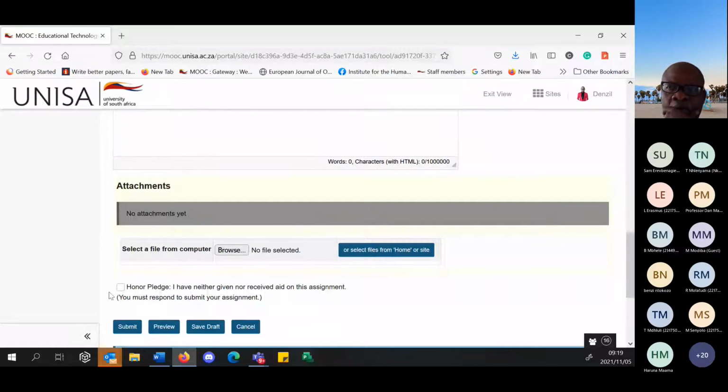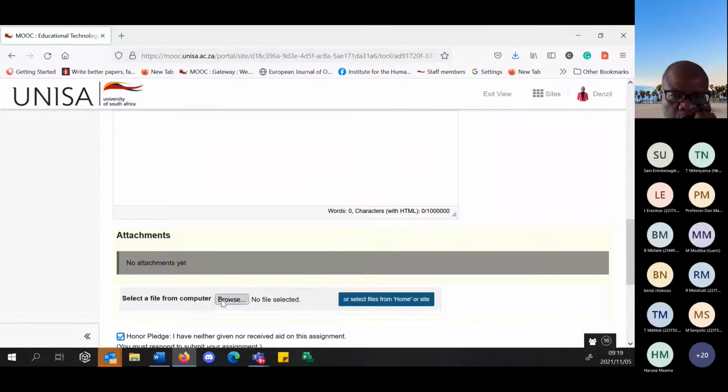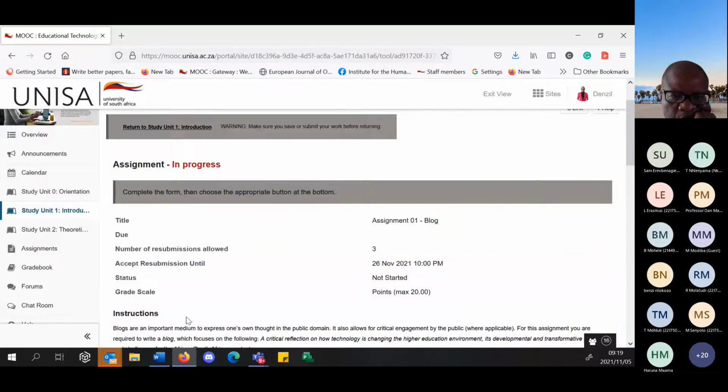And then there is a pledge, colleagues, which simply says that I have not received any aid. Now, you know that this is typically for online environments to say that this is your work, right? So you just tick the online submission pledge and click submit, and that will immediately capture your assignment onto the platform. So remember, assignment 1, when you're ready, simply click on this, browse, select the file, and attach it onto the system.